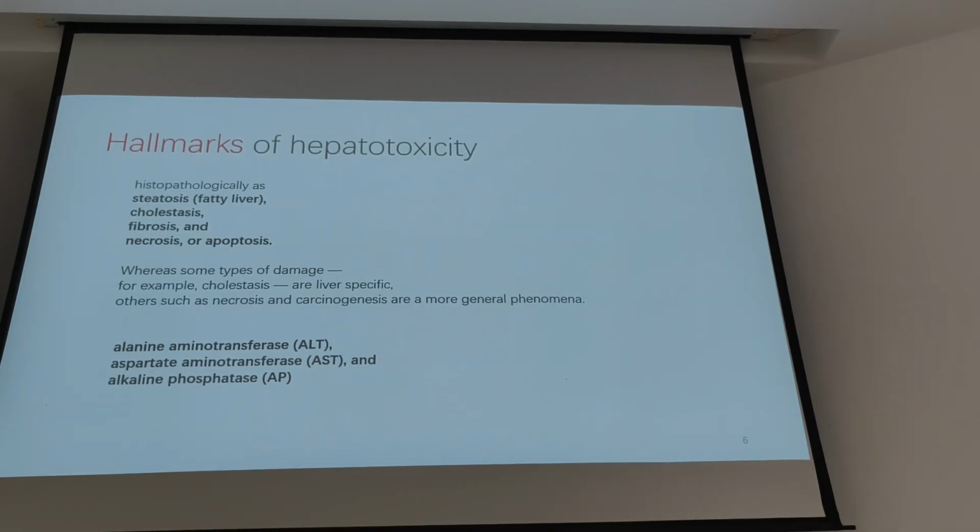We may have steatosis or cholestasis, fibrosis, necrosis, or apoptosis. We may have different types of features which affect our livers. But no one goes to the hospital to monitor the liver all the time, right?